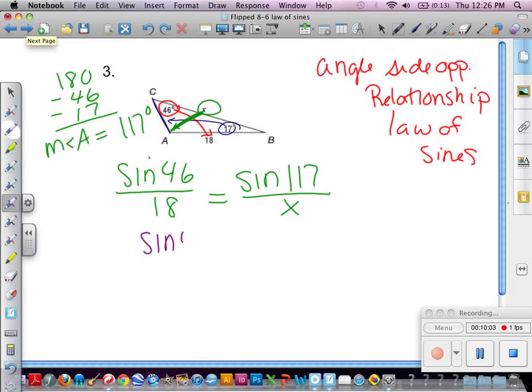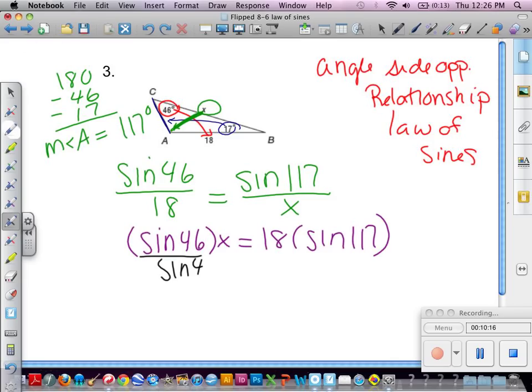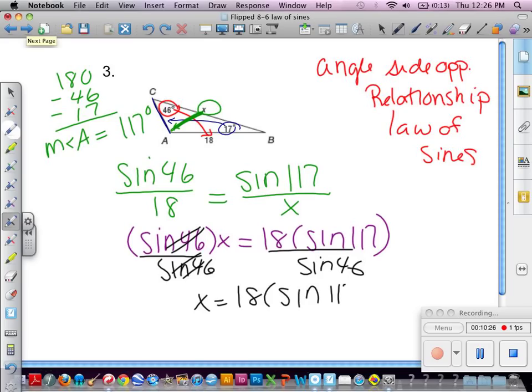I'm going to cross multiply: sine 46 times x equals 18 times sine 117. All right, go ahead and divide by sine 46 and sine 46. They cancel. X equals 18 sine 117 over sine 46.